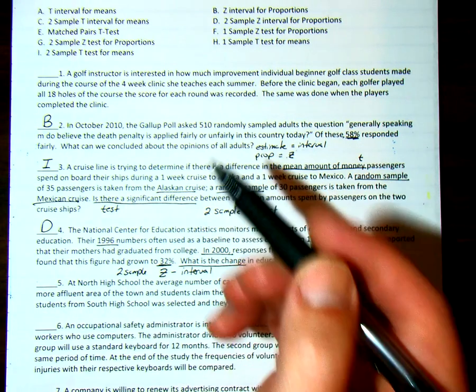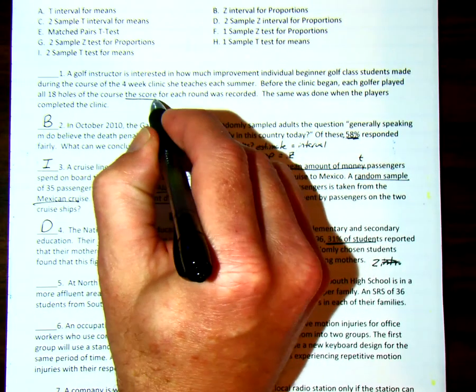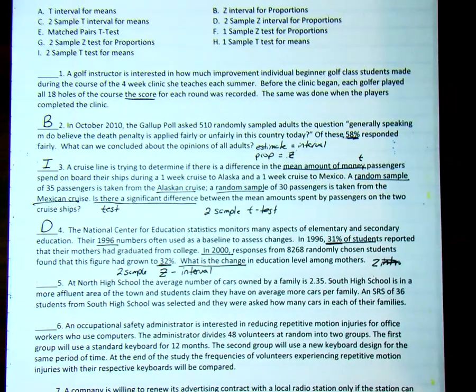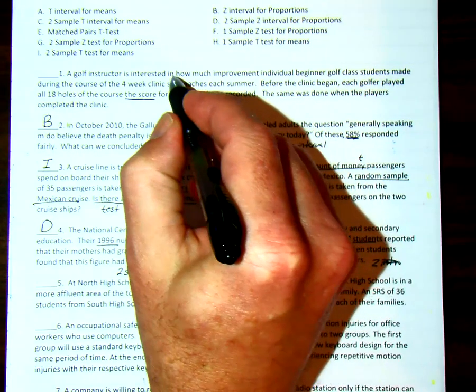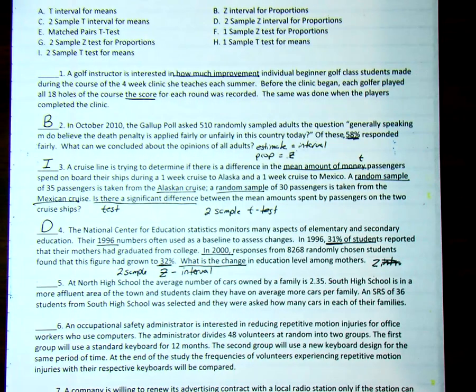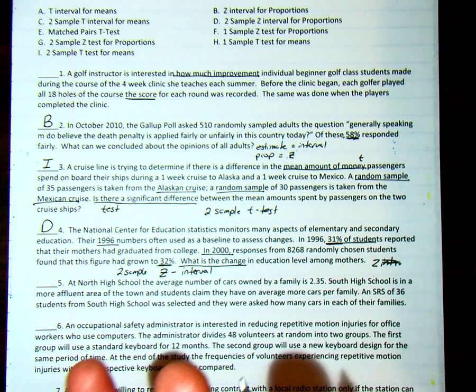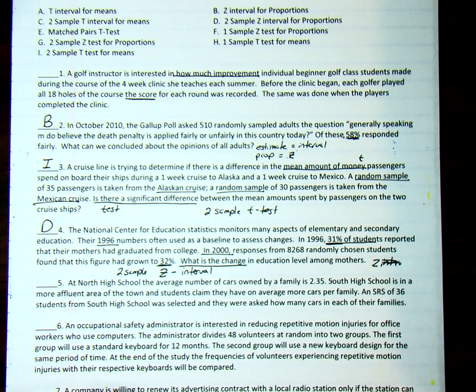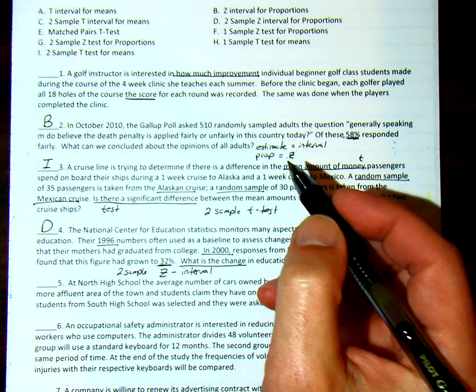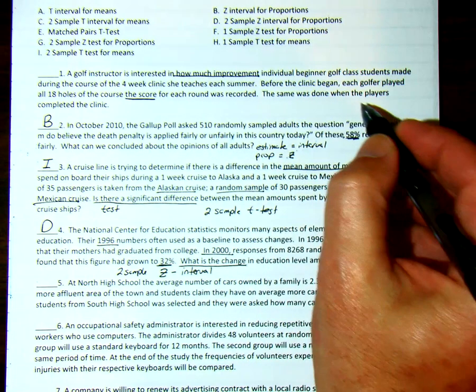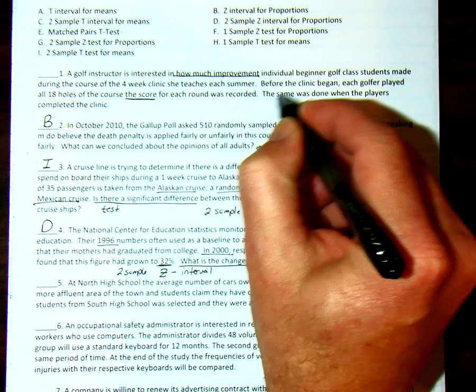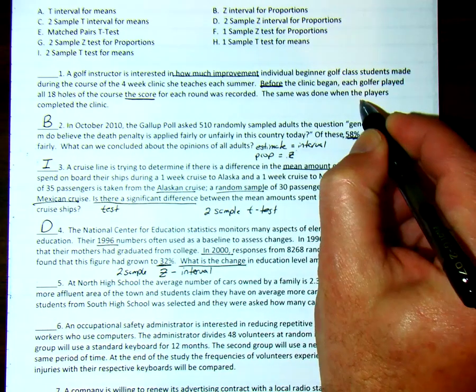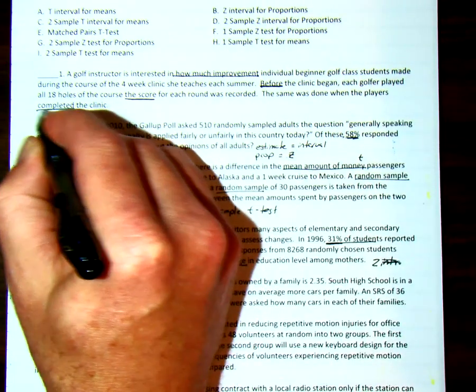Okay, so we are looking at the scores. The score is the variable that we're looking at here, and we want to know how much improvement. Now, how much improvement tends to lead me to an interval. However, because the same was done when the player completed the clinic, this was a before and after.